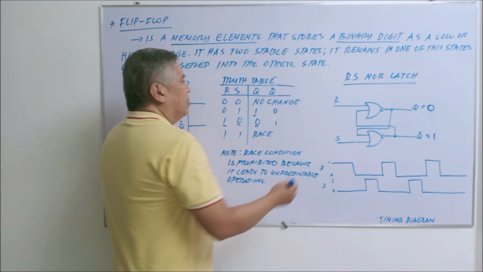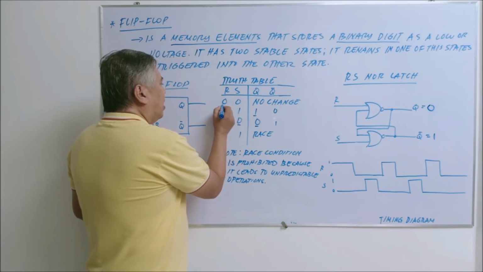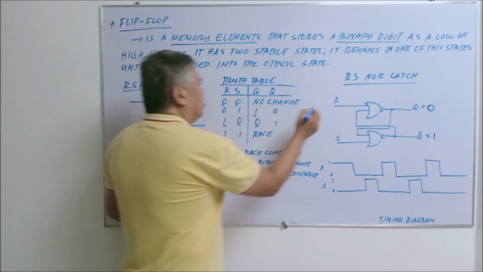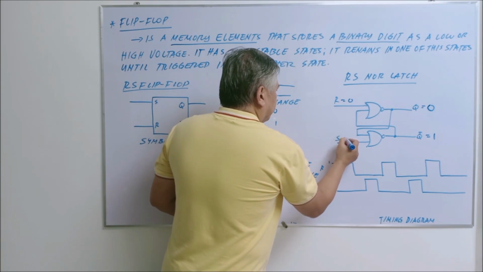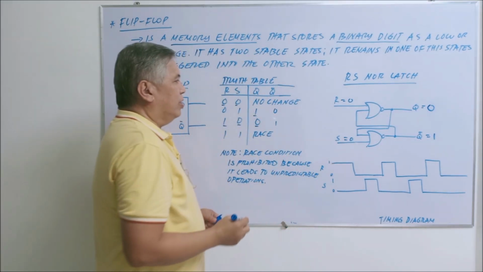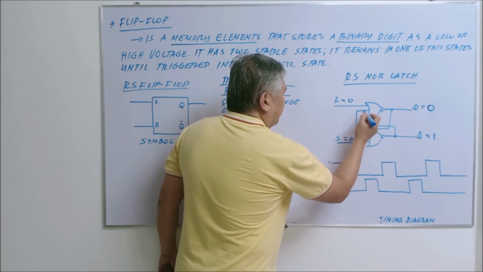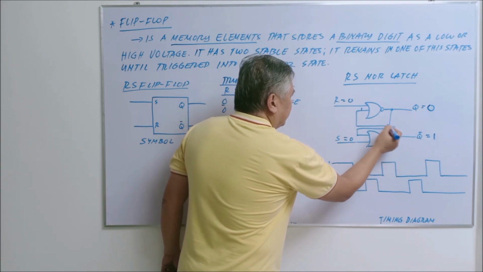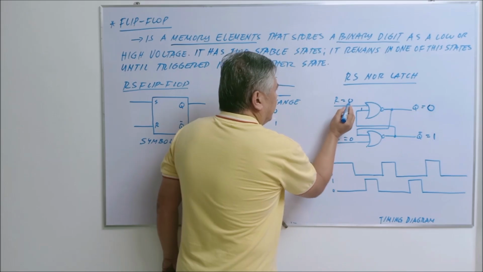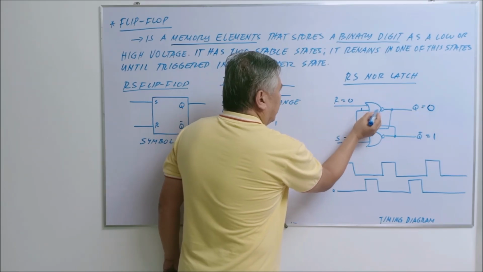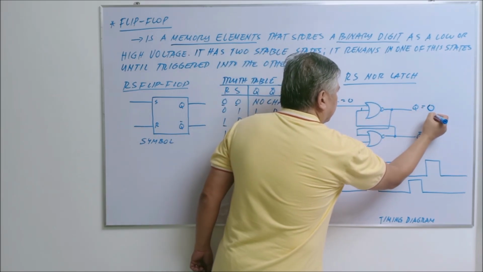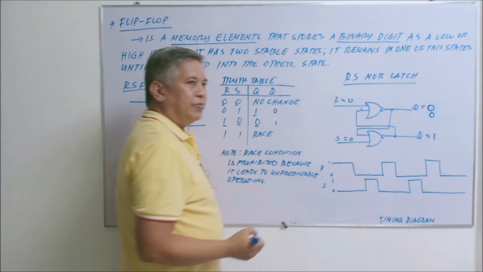Okay? Now, if we have R equal to 0 and S equal to 0, okay? So if you notice that this area here is 1, no? This is connected here. This is 1. So 0, 1, OR gate is 1, invert that, it becomes 0.